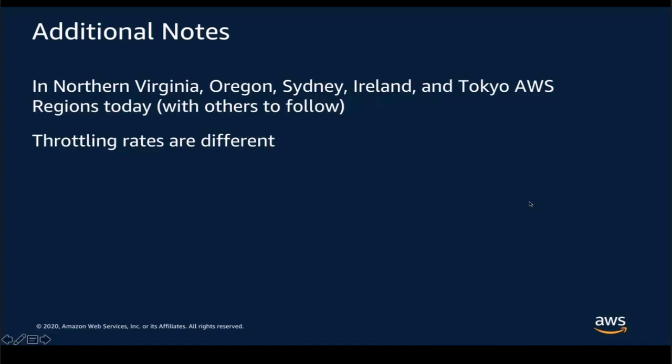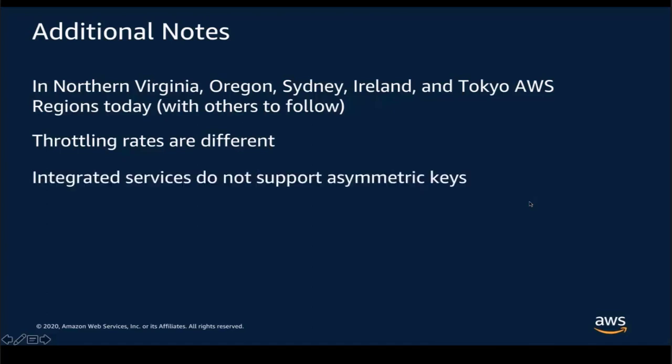For asymmetric CMKs, you would have different throttling limits. So if you've been calling KMS, for example, in the Virginia region at a rate of 10,000 transactions per second, you have to take into consideration that if you're calling KMS using an asymmetric CMK, your limit for how fast you can call KMS is going to be different.